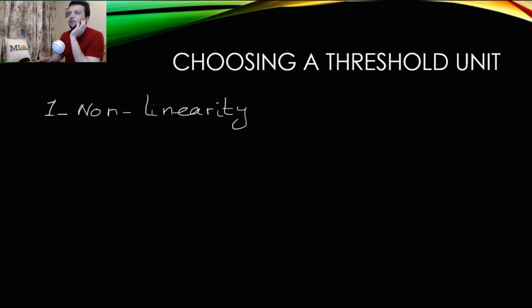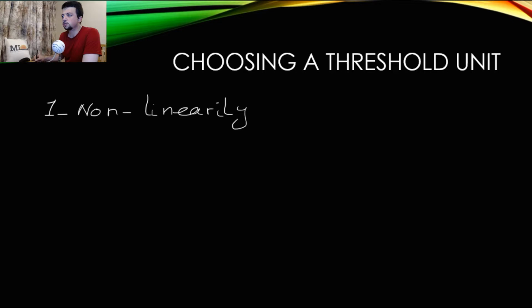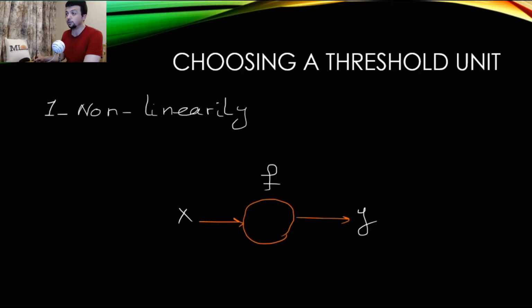So, for example, imagine this huge neural network, but I'm just going to zoom in on only one of these neurons. One neuron has an input and has an output. Let's call the input x, let's call the output y, and let's call the activation function f. Remember, I'm talking about differentiability of f. In other words, y, which is your output, is equal to f of x.